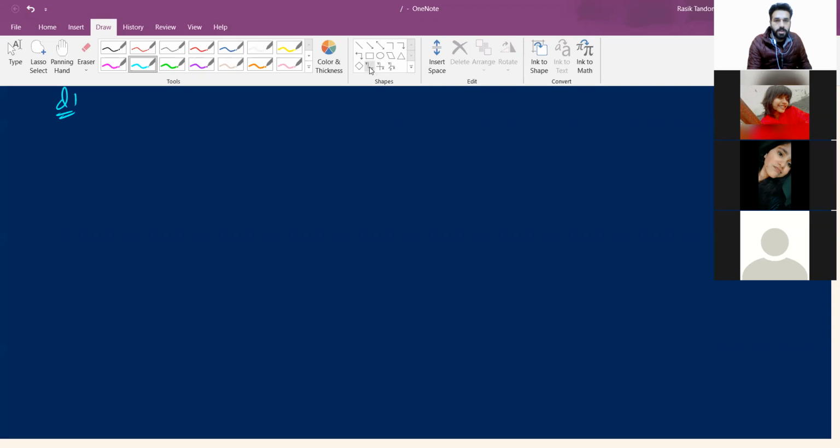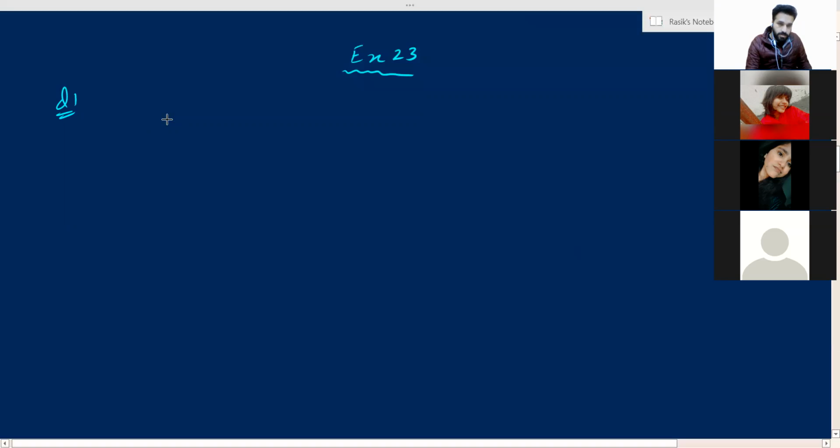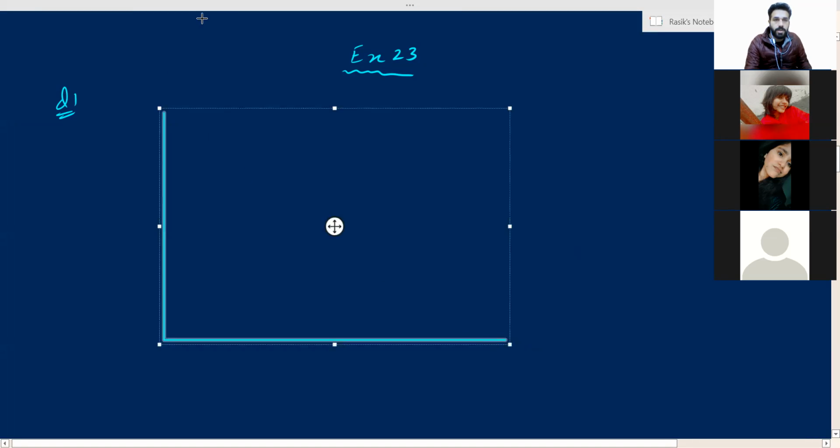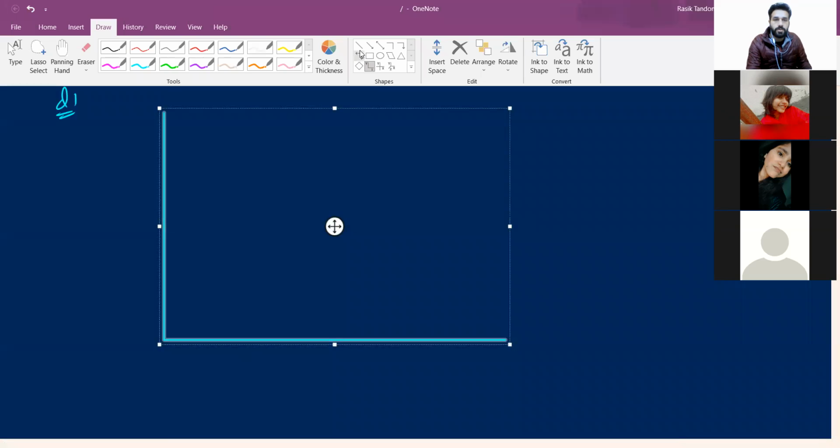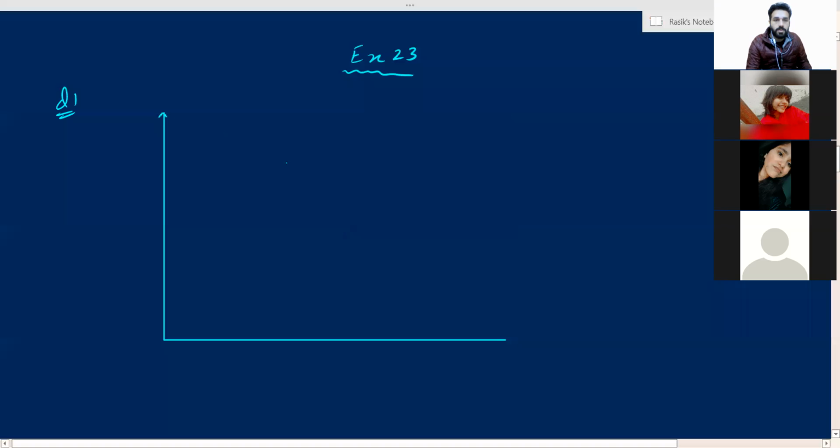So this table, I will be just making a bar graph to show the data which is given in the table. When you take a graph paper, there will be divisions done at a distance of 1 centimeter.